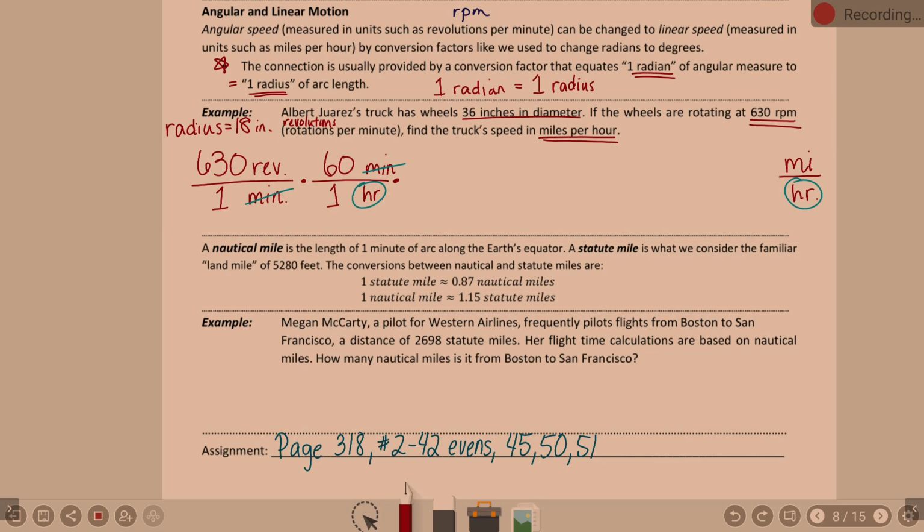It's how many radians? 2 pi. What was 180 degrees? Pi. So 360 is double that, yes?